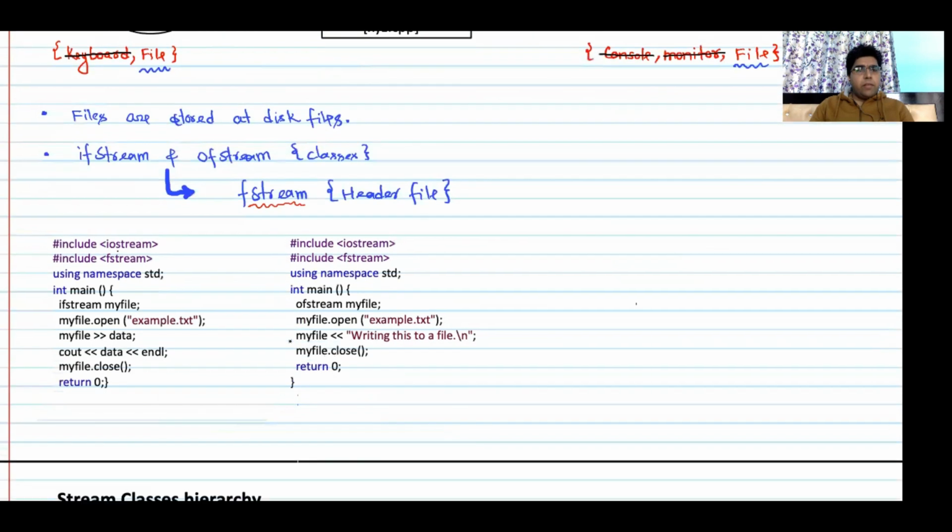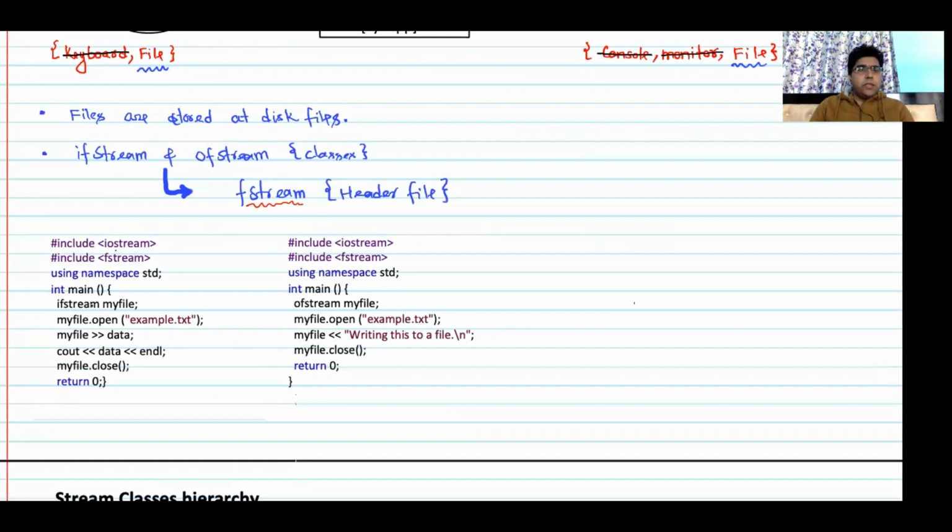So I have an example to discuss. This example is of ifstream, and this one is of ofstream. This is the fstream header file, so we don't need to include the ifstream and ofstream classes separately.